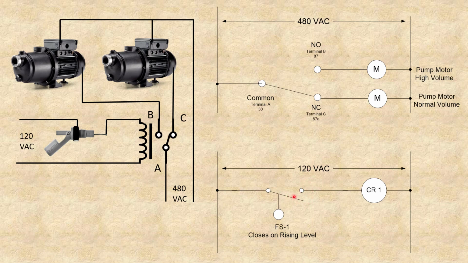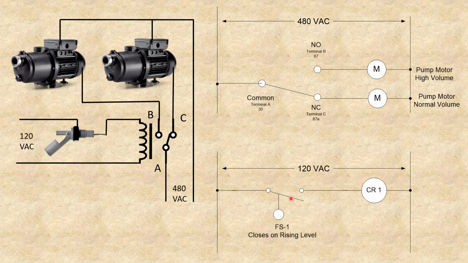And if this were a push button, for example, instead of a float switch, then I could turn on and off 480 volt motors or larger with only having to fool with 120 volts at my fingertips. So obviously this is safer. I can create isolation between myself and the power circuit if I need to.